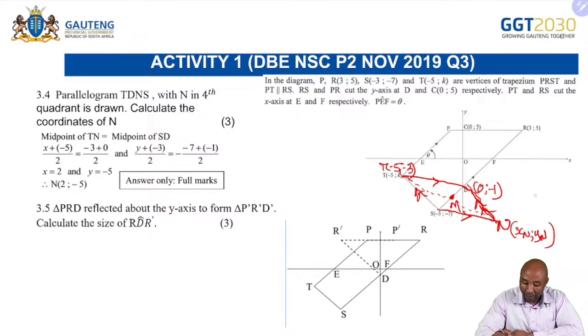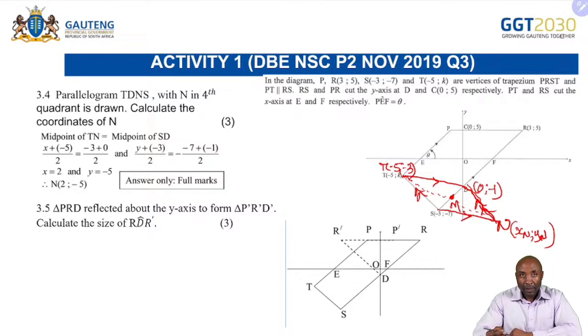And to get the y value, I take the y value at this midpoint, -1 plus -7 over 2, and that should give me -4. I then equate this to my y value at n plus my y value at t, which is -3, divided by 2. I equate it to the y value at the midpoint, and that will help me get my solution.